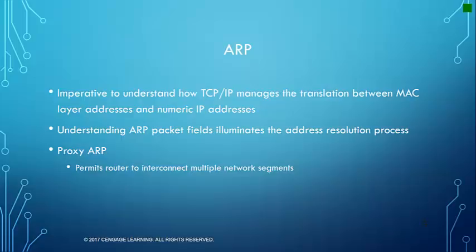Also, when the router configured for proxy ARP receives an ARP broadcast, it's going to respond with its own address. When it receives a subsequent data packet, it's going to forward it along according to its routing tables.